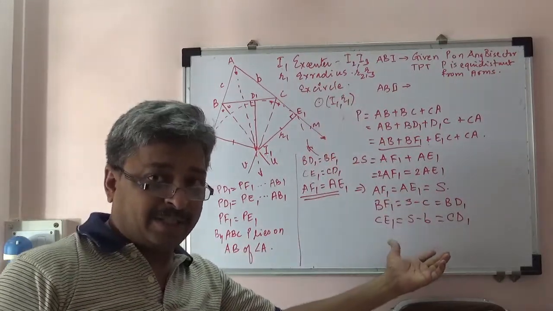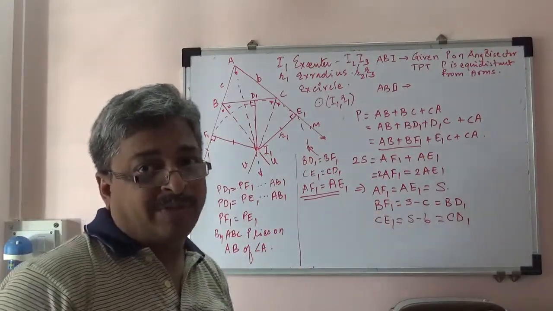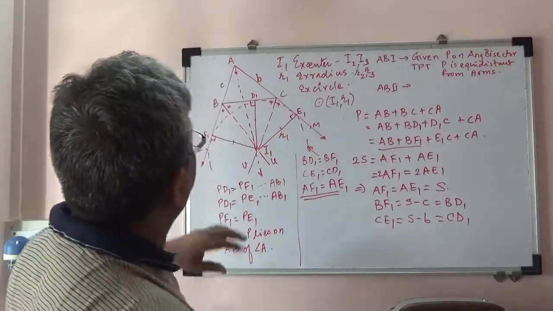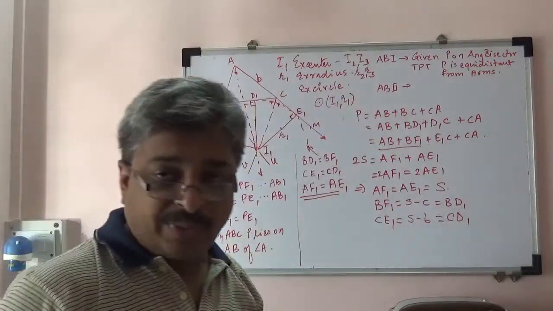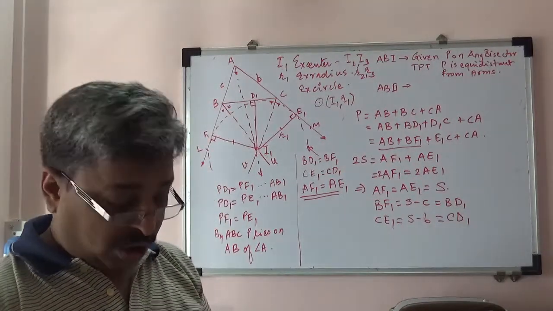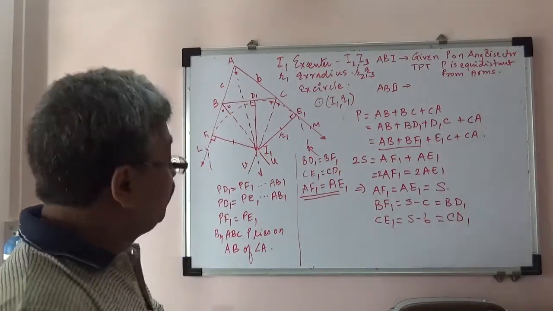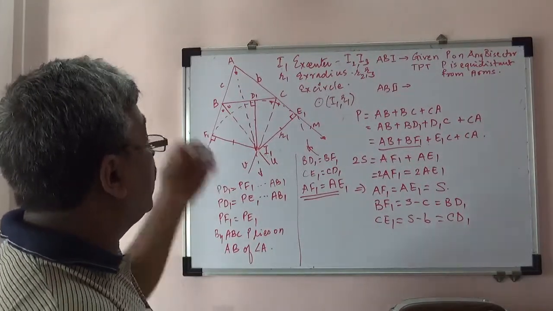So 6 segments in this configuration are related to the terms available in Heron's formula, and this is happening in front of A. Exactly similar things will happen opposite to B and opposite to C. So we have many different lengths available over here.